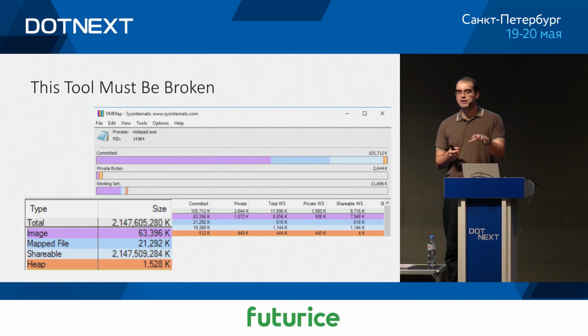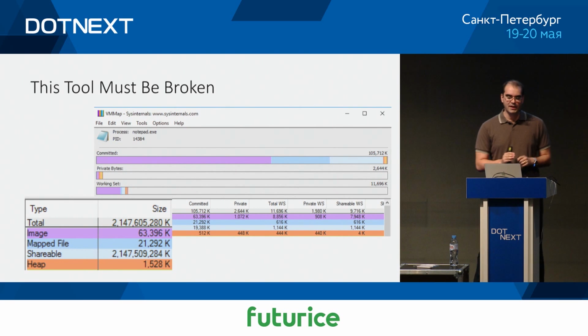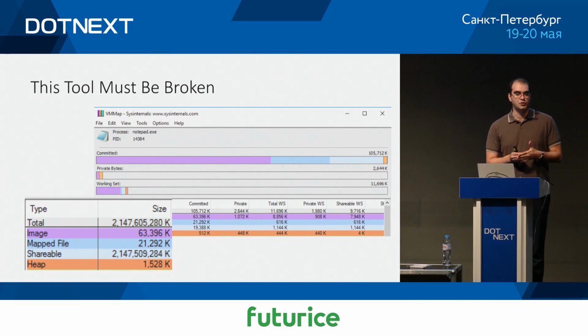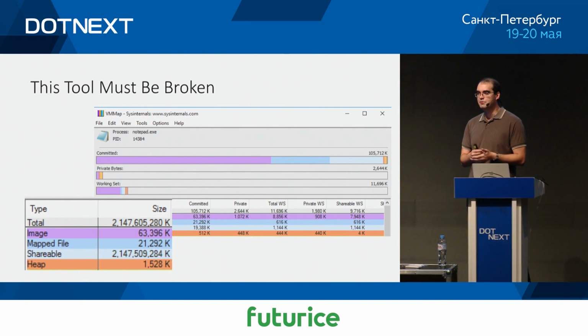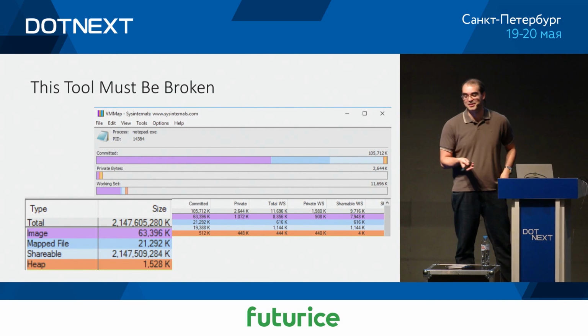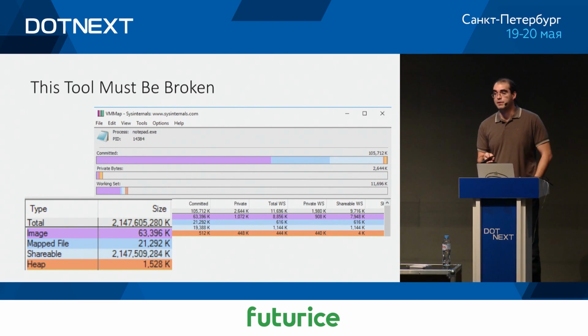Except, I ran it here on a Notepad instance that doesn't have a file loaded, and VMMap says that Notepad here has a total of 2 terabytes of memory in use, which is a little suspicious, I guess. I mean, you can't ignore this. It's weird. So Notepad is using 2 terabytes of memory.